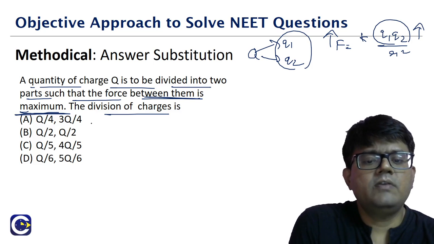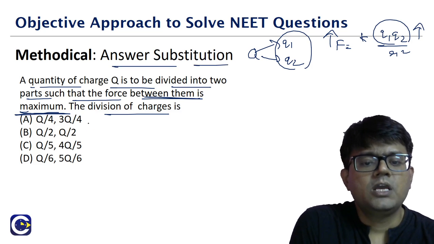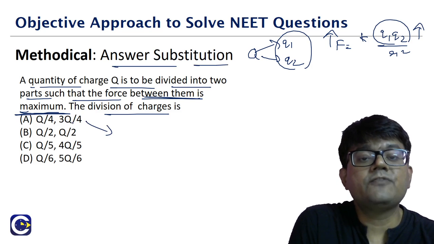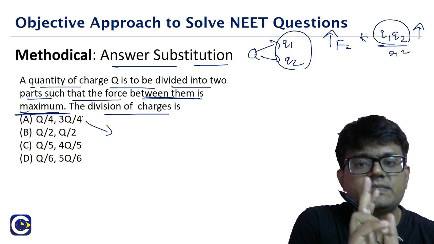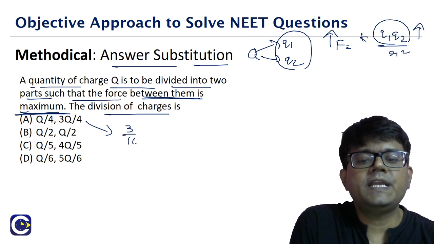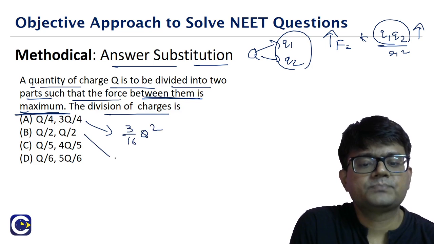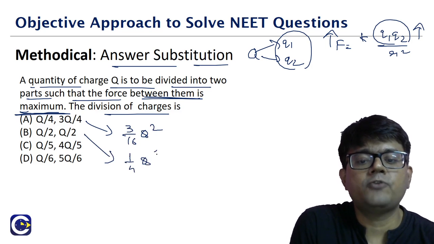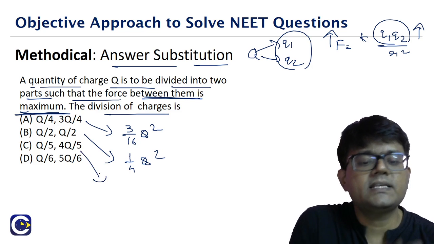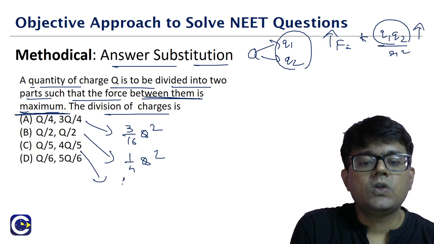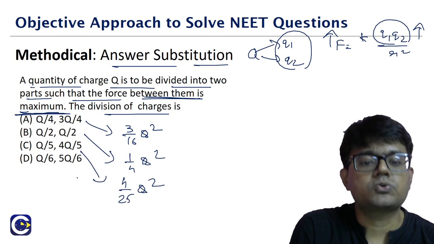What do we do? This is answer substitution: we take a case and just substitute. We are looking for the product of the charges. q by 4 into 3q by 4 gives 3 by 16 q square. Second case, q by 2 into q by 2 is 1 by 4 q square. Third case, q by 5 into 4q by 5 is 4 by 25 q square.